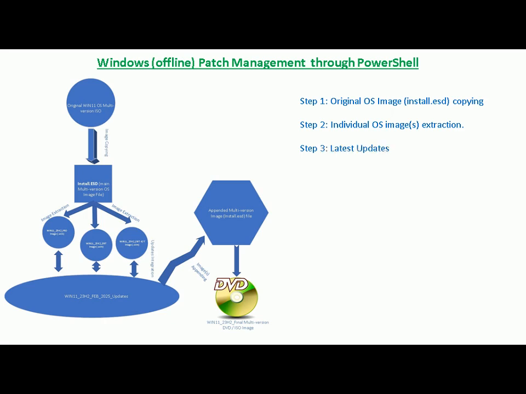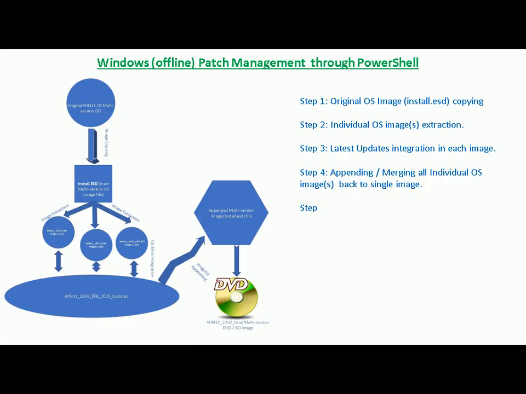Now step 3 will be, once those 3 images have been obtained from the main ESD, I will be integrating the latest updates in each image. Let's say now it is February 2025 and the second Tuesday has already passed, so I will be integrating the latest updates on all the 3 images. And step 4 will be, I will be appending and merging all those 3 individual operating systems back into one single image or single ESD.